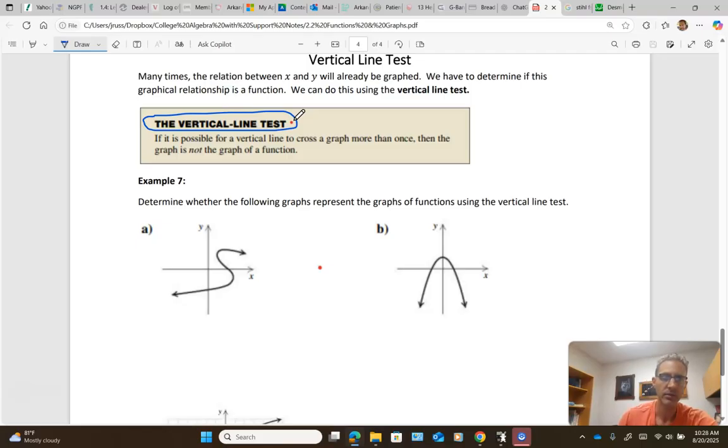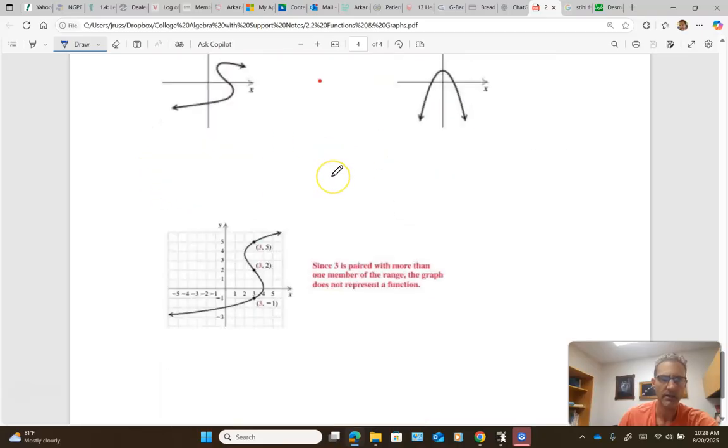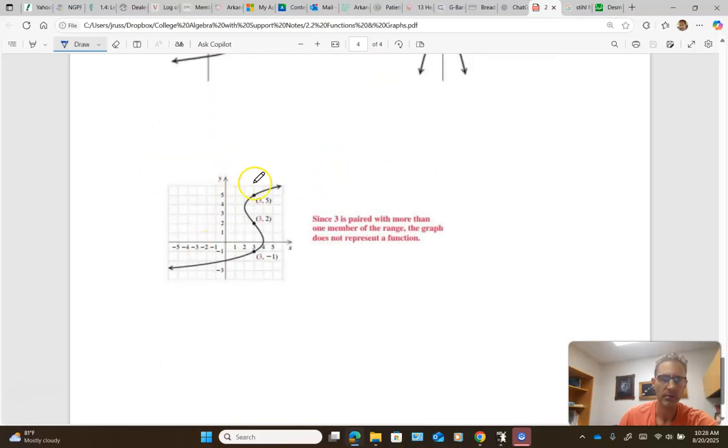And so basically what you do is let's look at this example. You think about an imaginary vertical line and you just place it anywhere on the graph of the relation. And if it ever crosses the graph of the relation more than once, so for example, let me draw this with my stylus here.